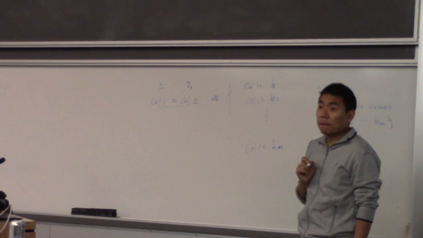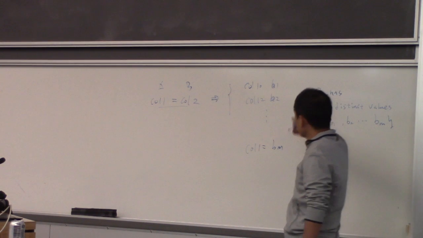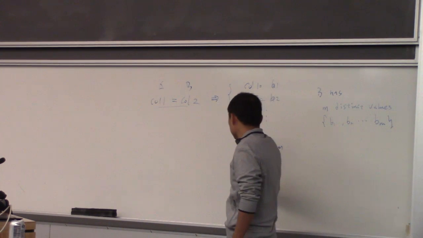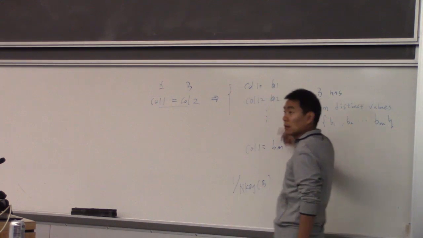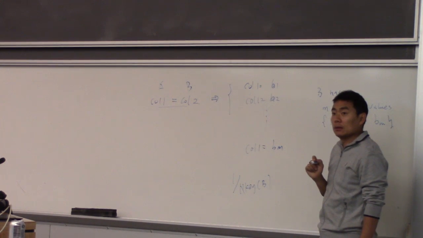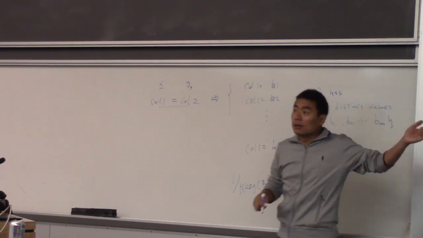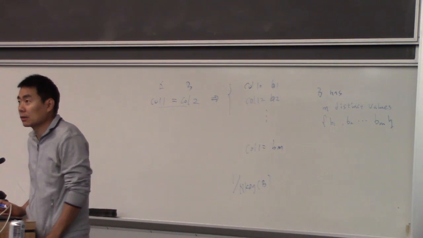That make sense? And the selectivity of each of these is what? It's simply 1 over the number of keys on B. The selectivity of this is simply this, by the observation we just made for the column equal to value case.